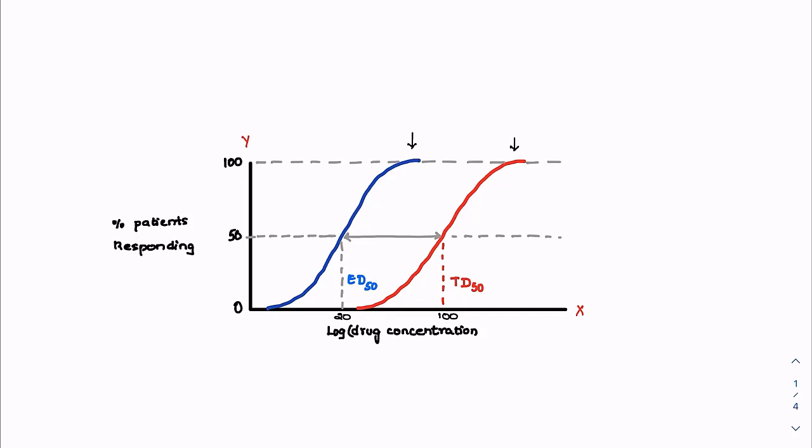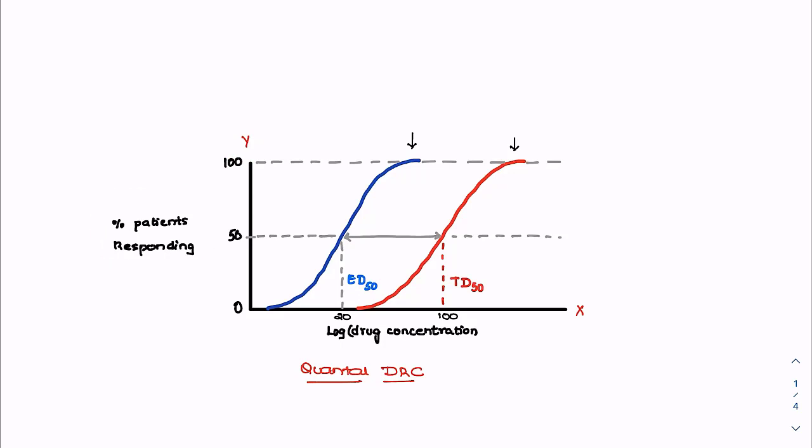This is the graphical representation of the quantal dose response curve, where the x-axis tells you about the log of drug concentration, and the y-axis tells you about the percentage of patients responding.